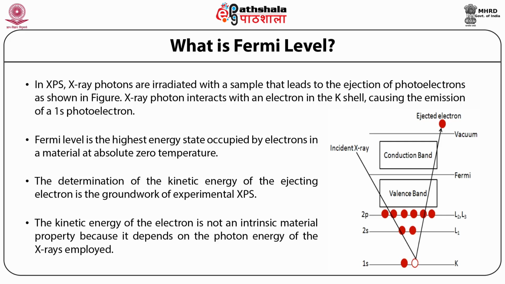Kinetic energy is an experimental quantity measured by the spectrometer. The Fermi level can be defined as the highest energy state occupied by electrons in a material at absolute zero temperature. So if we increase the temperature, electrons can jump into higher energy states.